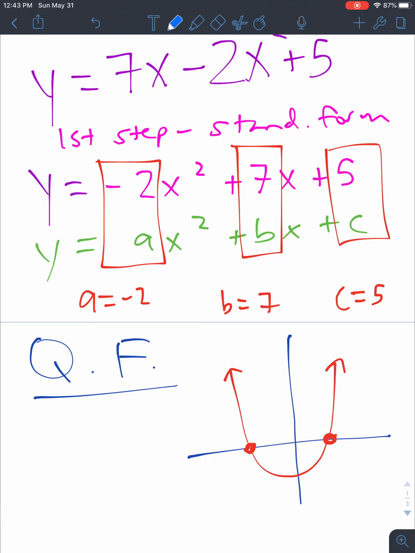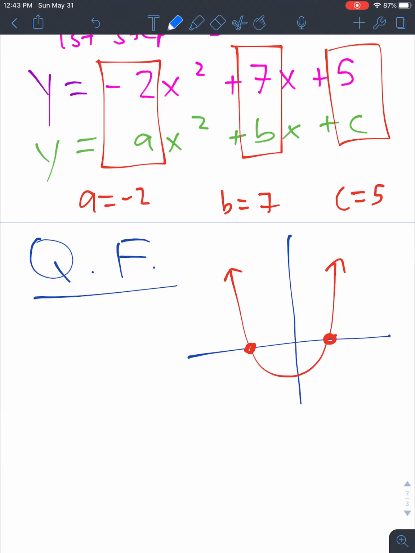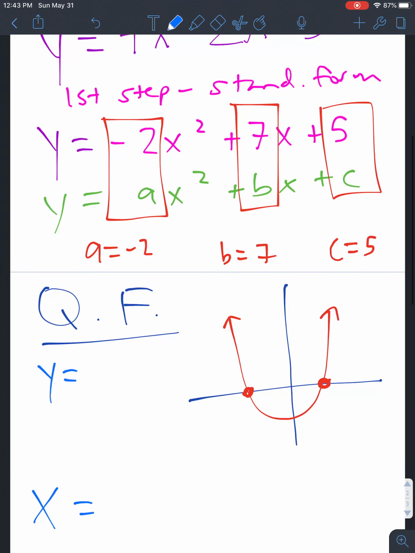But it's difficult to just look at a formula and know what the x-intercepts are. It's also difficult to graph, as you have all seen, right? So the easiest way to find x-intercepts is to use the quadratic formula. Now, if you have something that looks like y equals ax squared plus bx plus c, since this is our x-axis and that's our y-axis, we're trying to see these 2 points.